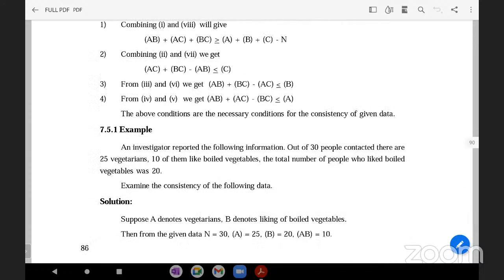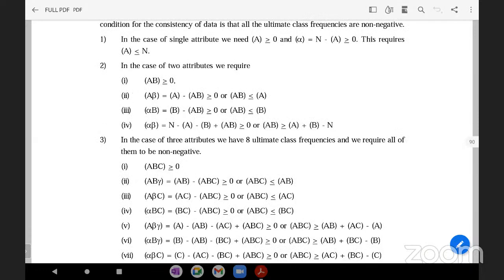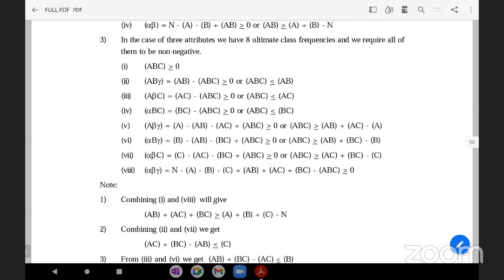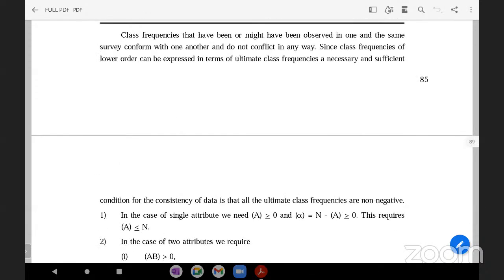Now, the consistency of the data. Clearly I mentioned, a necessary condition is that the class frequencies of the lower order can be expressed in terms of the ultimate class frequencies. And a sufficient condition for the consistency of the data is that all the ultimate class frequencies are non-negative.